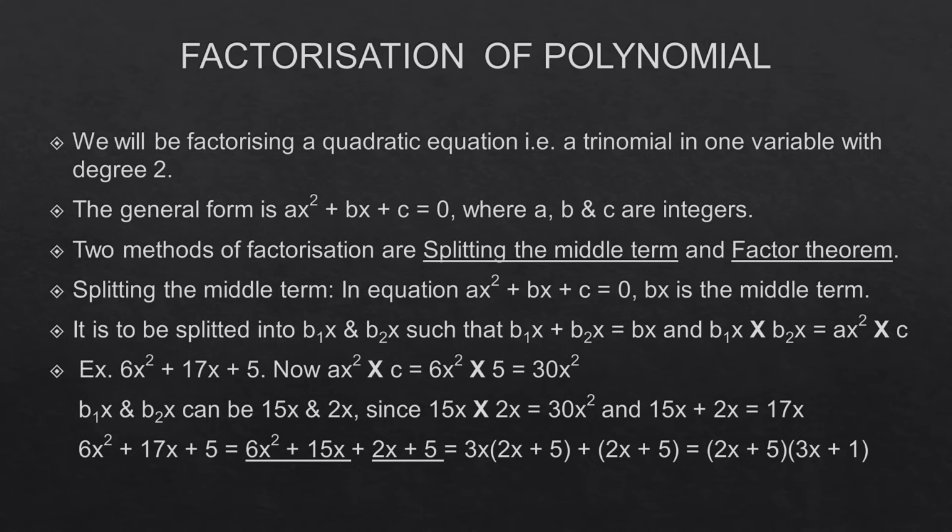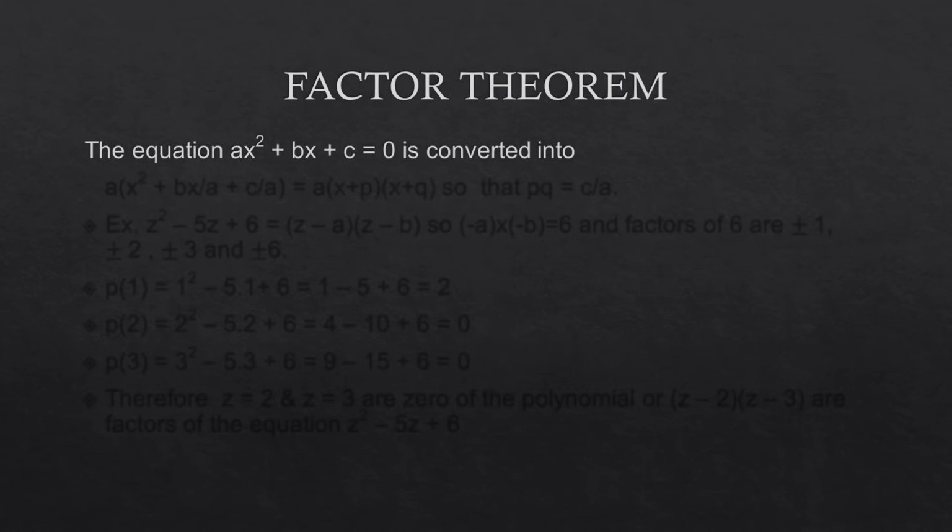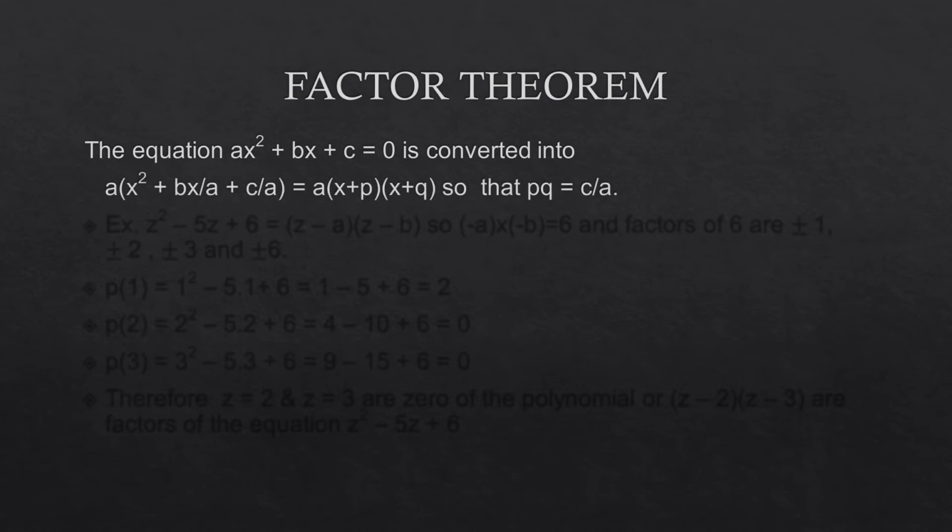Now coming to the factor theorem. First we will be taking the general quadratic equation, that is ax squared plus bx plus c is equal to 0, and we will convert it into the form of x squared plus bx by a plus c by a.